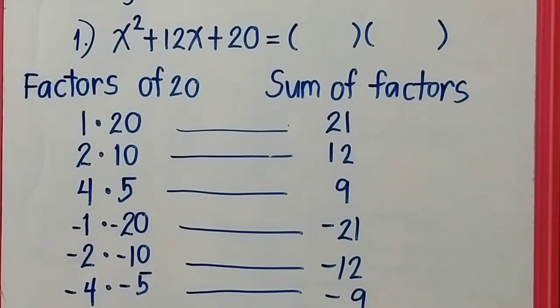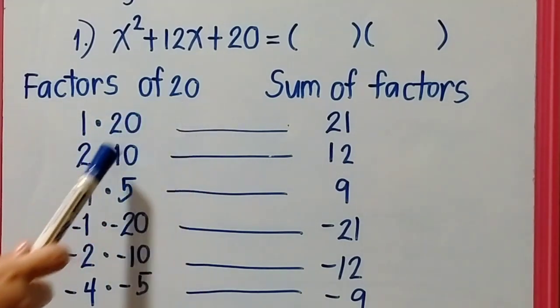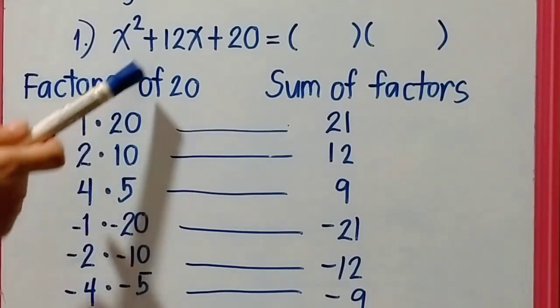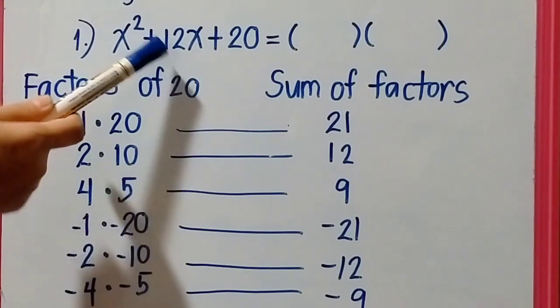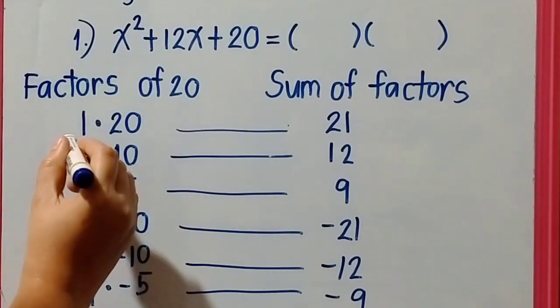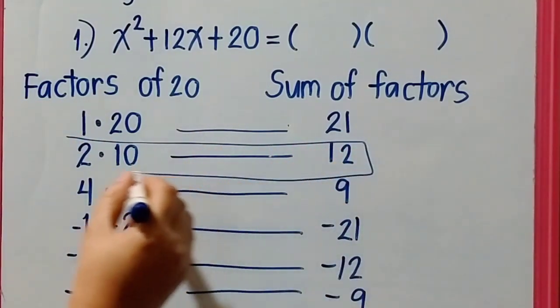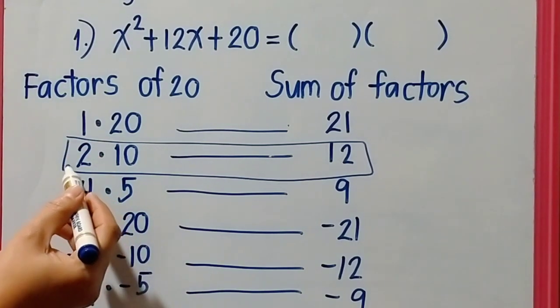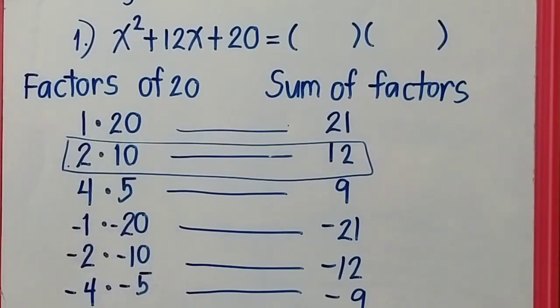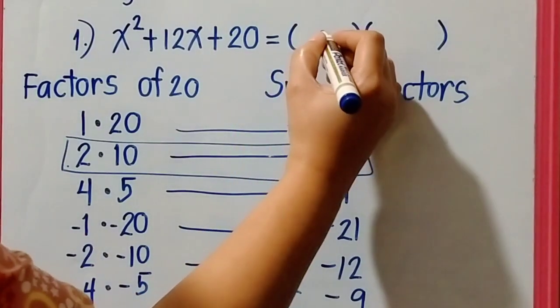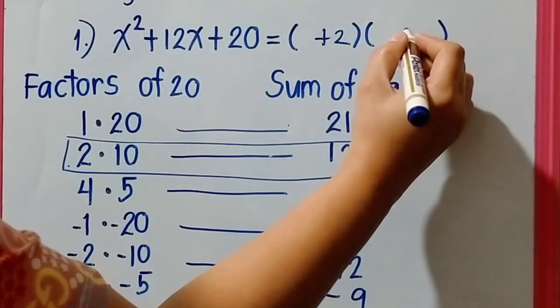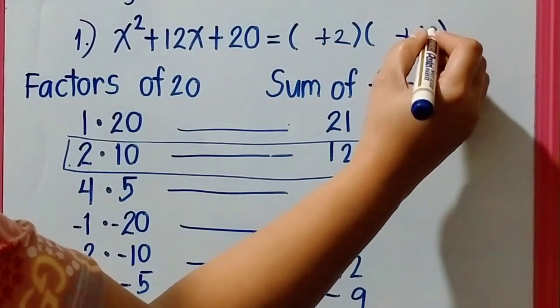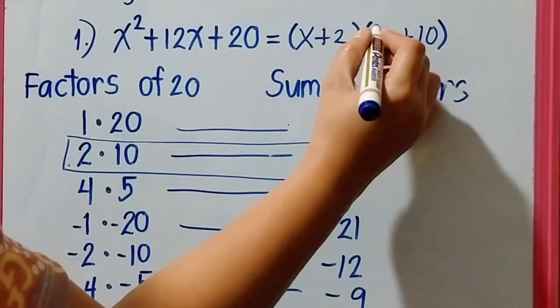So we're looking for factors of 20 whose sum is equal to the numerical coefficient of the middle term, which is 12. Therefore, we're looking for positive 2 and positive 10. So those will be the factors of this general quadratic trinomial. Now, the first term of each factor will be x.